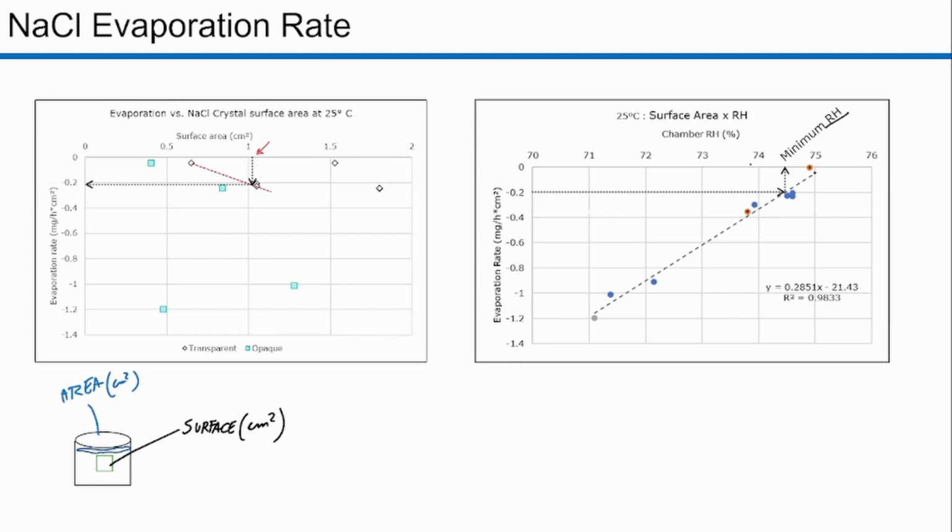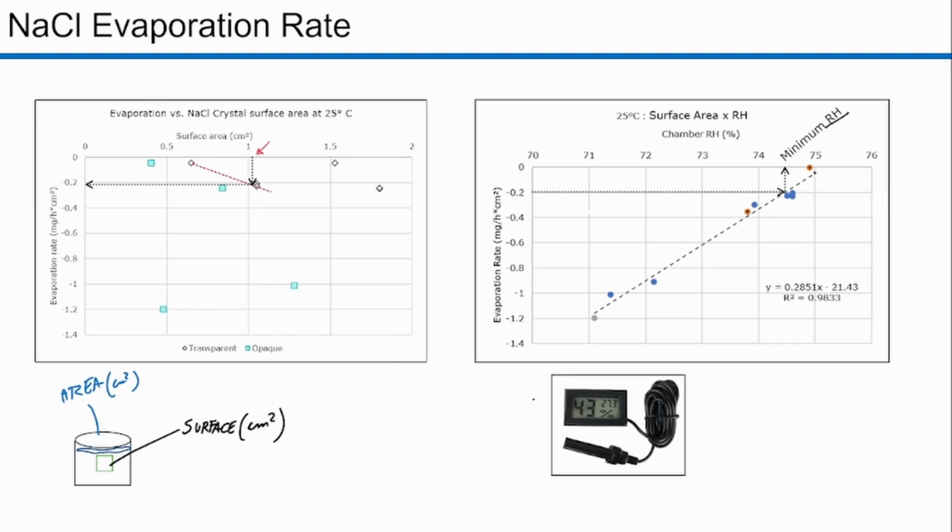Anything below this will provide a higher evaporation rate, and you probably end up in the opaque part of the chart. So use these hygrometers to check your conditions and know your minimum for your crystal surface area, and then you can verify if your crystals are growing in a healthy way.